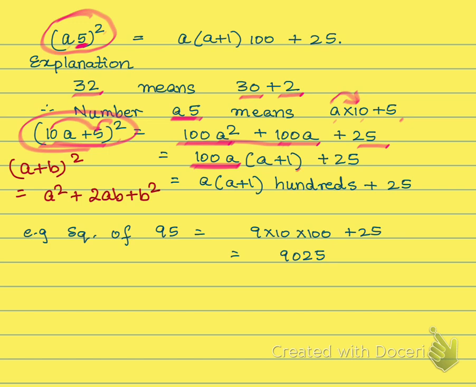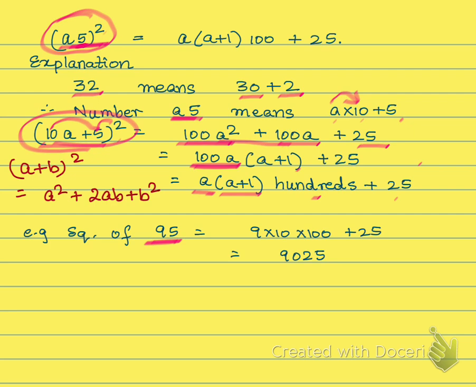So what is the general rule formula that I can write? If I take the square of a number whose units digit is 5, how can I write the answer? A into (A plus 1) into 100 plus 25. Like I've done this question here. Square of 95. It will be good for you to try this question yourself.